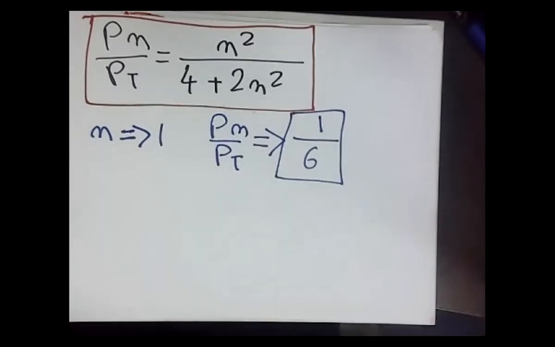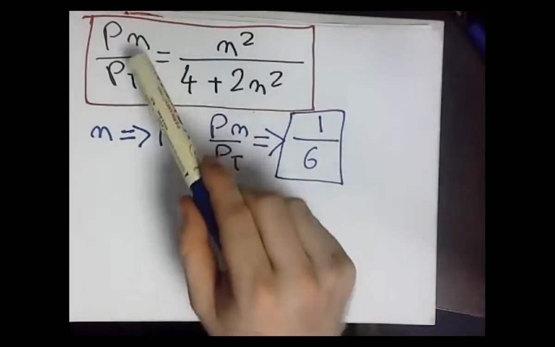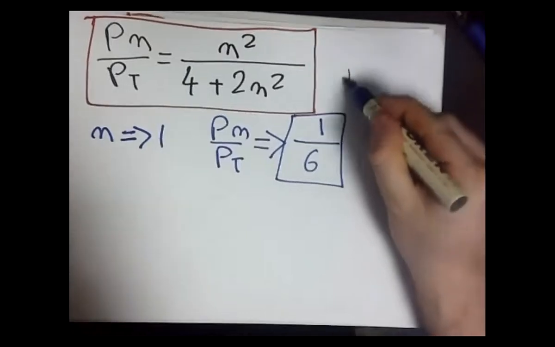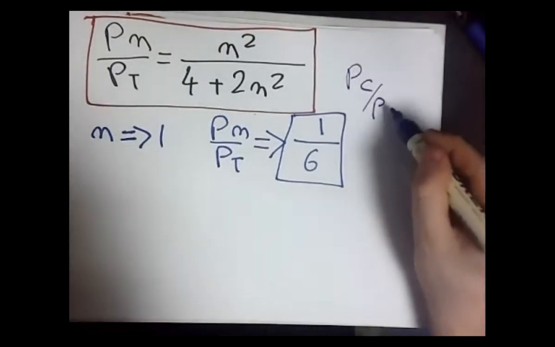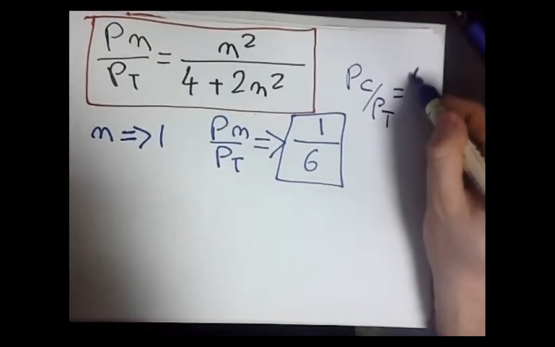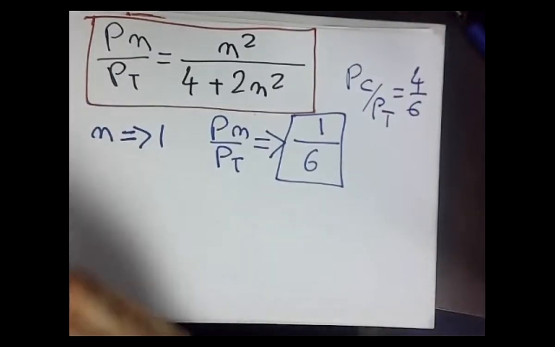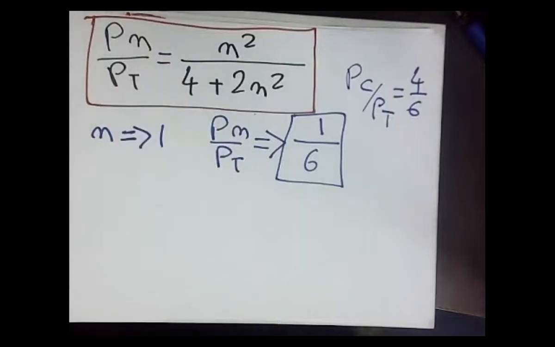It's just a carrier and the other image of the message. If you determine the percentage of the power of the carrier, you will find that in this example, Pc over P total equals 4/6 or 2/3. 66% of the power you are transmitting is in the carrier, not in the message.